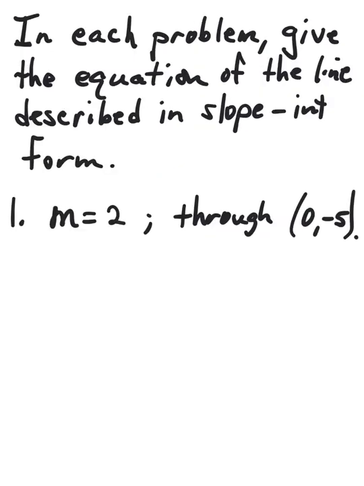So what we're going to do is a series of problems where we'll have various descriptions of lines given, and we're going to write the equation of that line described in slope-intercept form. That's the y equals mx plus b. In this first example, we have a slope given, and the point 0, -5, if you think about its location, it is on the y-axis.